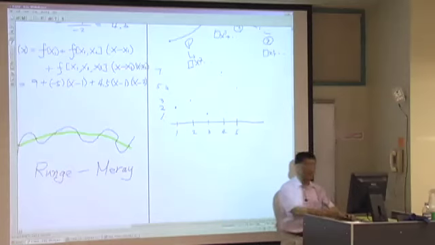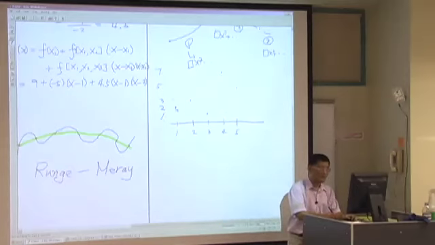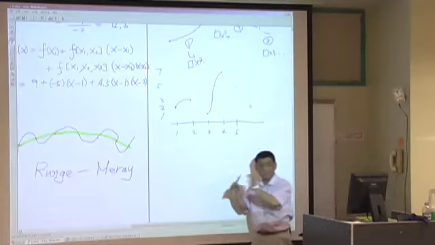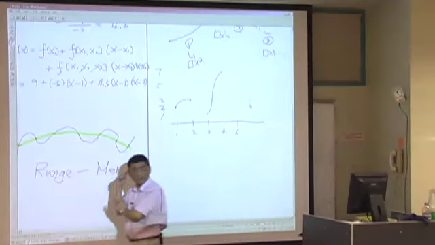So we want to find the cubic polynomial inside this subinterval, and then inside the next subinterval, and so on. So we want to find these kinds of polynomials. How can you determine these things?